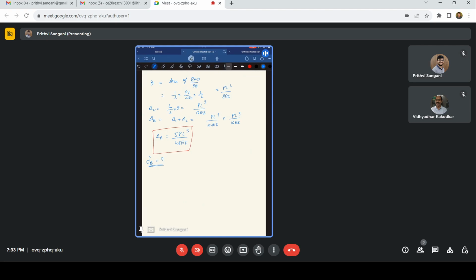We have a frame. This is problem 4. We have a frame with a roller support.